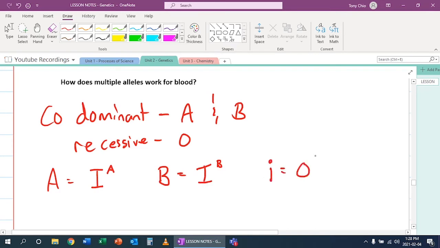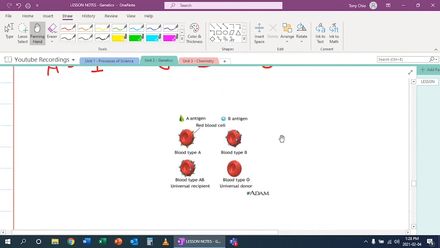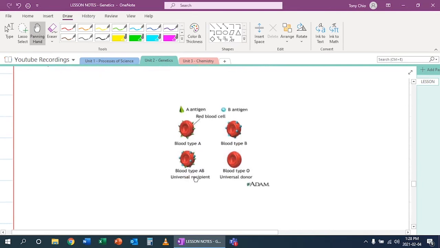Oops, it should be the other way around. So O blood type is lowercase i. And in this case, these two, because they're capital, are dominant over the O blood type. Now, A and B blood type are the different antigens attached to that blood type. All right?